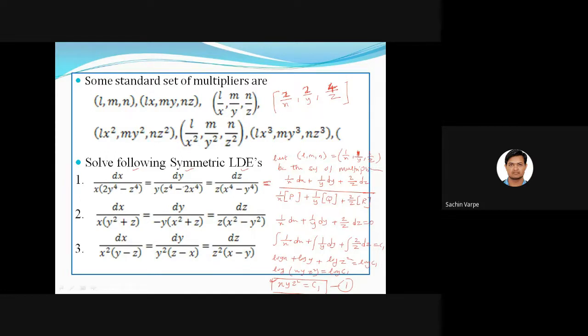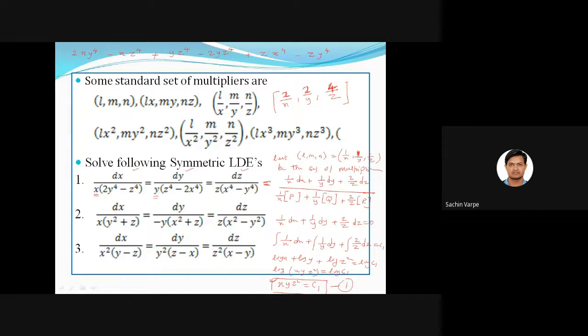So when I multiply inside by x, what I'll get, writing here on top: 2xy raised to 4, minus xz raised to 4, plus yz raised to 4, minus 2yz raised to 4, plus zx raised to 4, minus zy raised to 4.